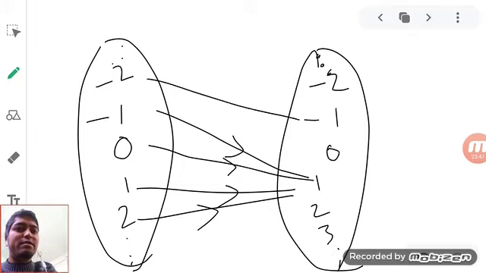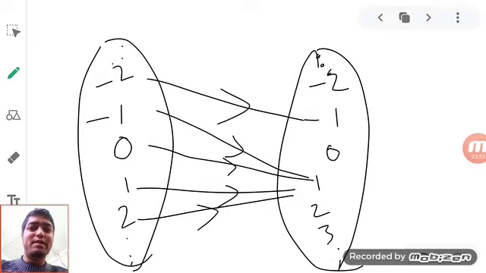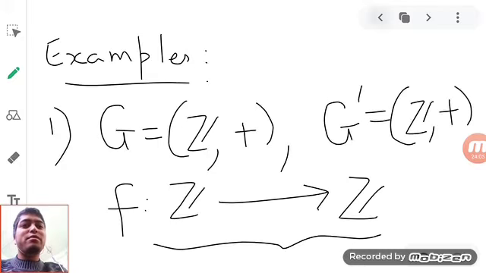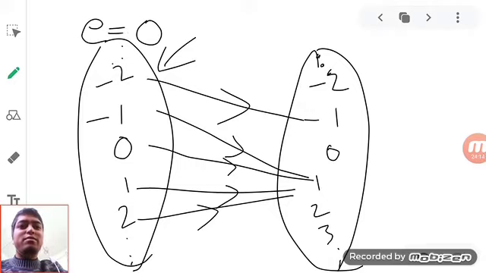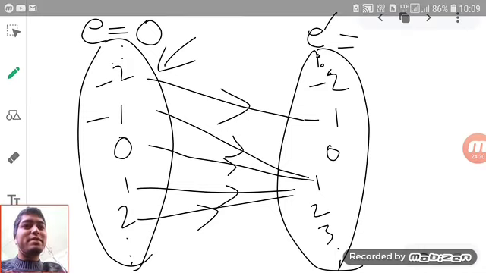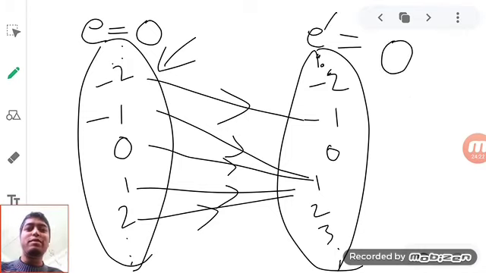So is this one a homomorphism? The answer is no, because we don't even have to use the definition. Now we will use the theorem. Just take a look. What is the identity of this group? The first group is Z plus. The identity is 0. E is equal to 0. For the second group, what is the identity? For the second group, the identity is again 0, because it is Z plus. So how much is Fe?